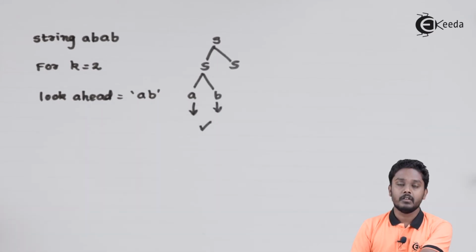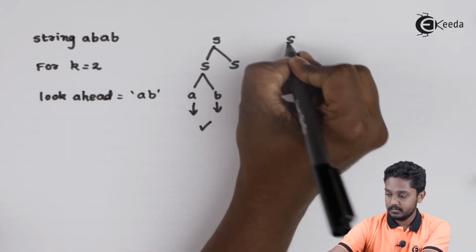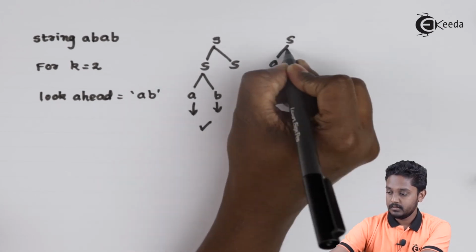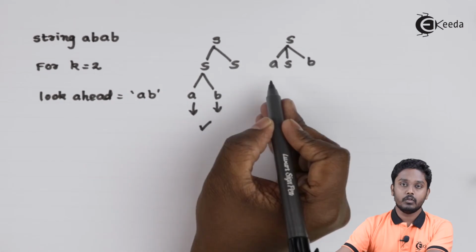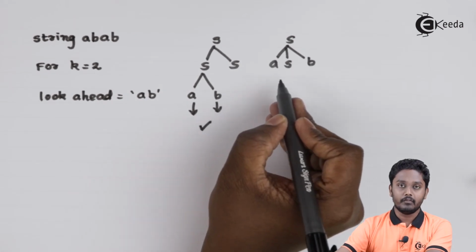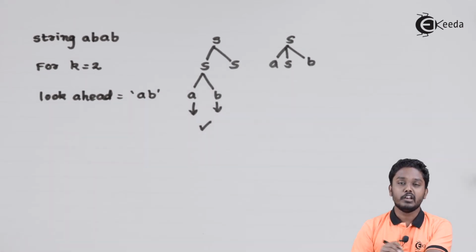Let's see whether we can use the second production, that is S produces ASB. Over here you can see that when I produce ASB, to produce a B right after A, I cannot use any production, and hence this production couldn't be used.